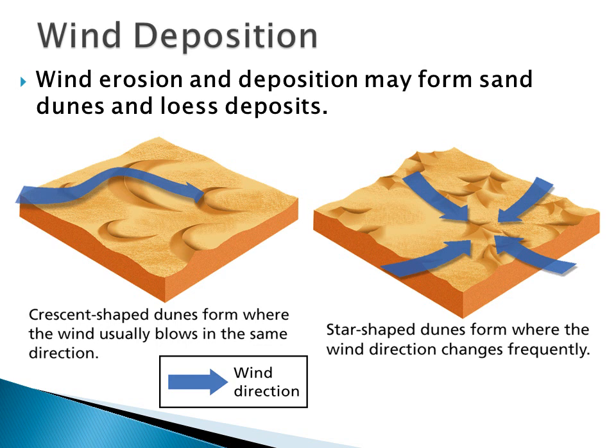This happens when the wind slows down or an obstacle such as a boulder or a clump of grass traps the wind-blown sand sediment. As a result of this deposition, sand dunes and loess deposits are formed.